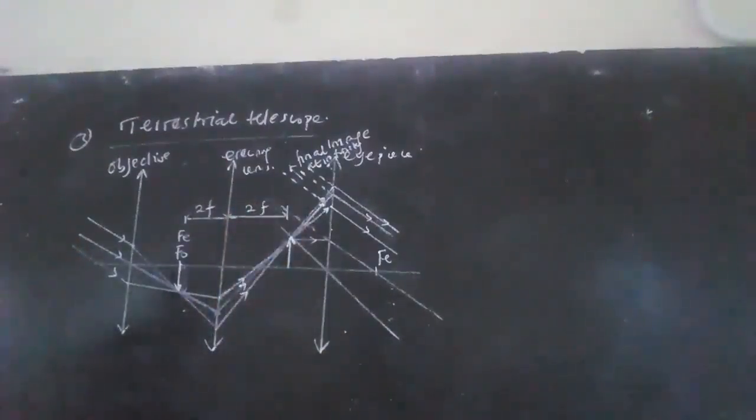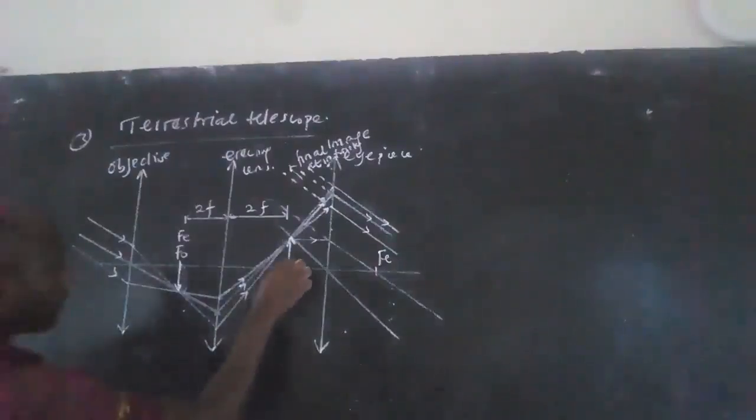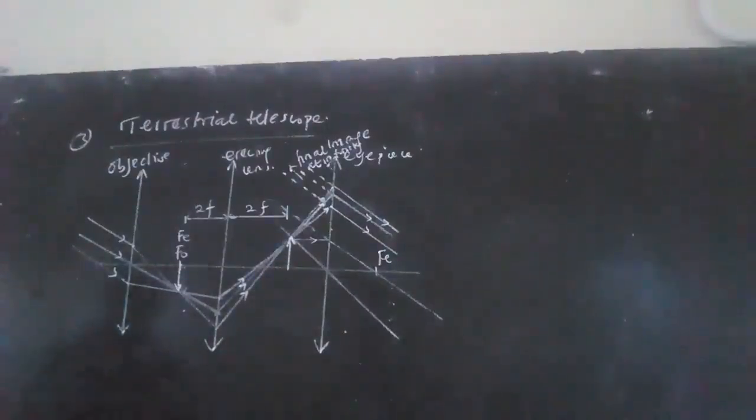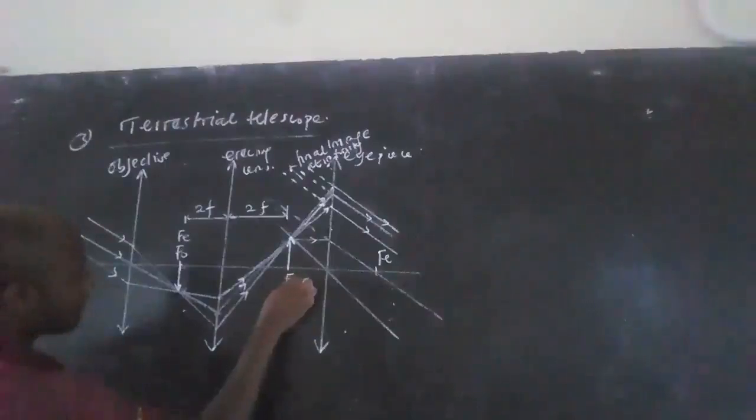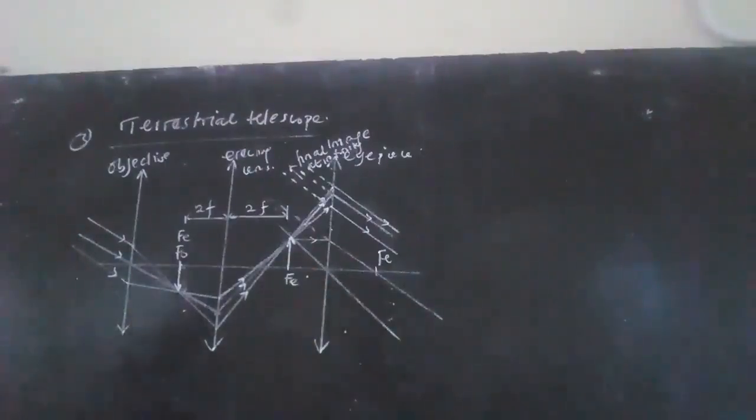And of course this is also F1, FE. Let us call it F of X, F of rectangle length.